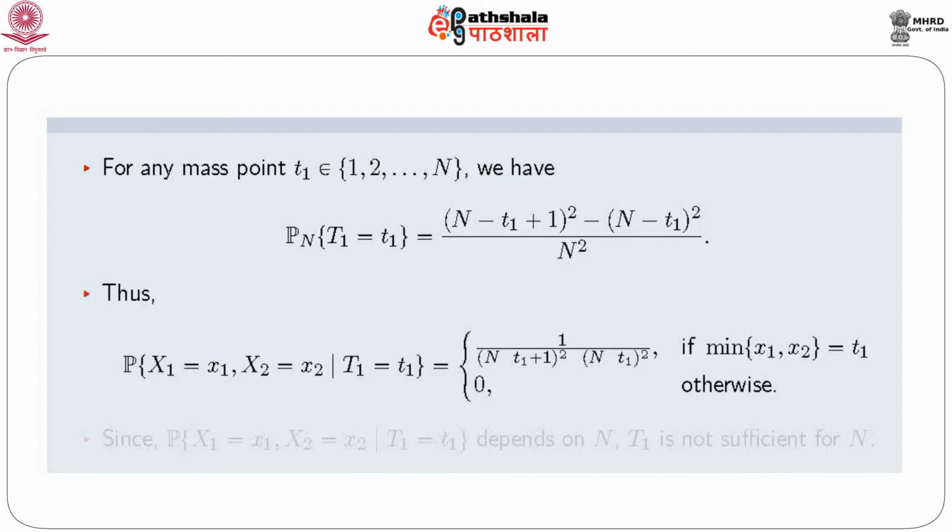And the conditional distribution of X1 and X2 given T1 equals t1 is given by probability X1 equals x1, X2 equals x2, divided by probability T1 equals t1, and this is equal to 1 by (n minus t1 plus 1) whole square minus (n minus t1) whole square if minimum of x1, x2 equals t1, and is equal to 0 otherwise. And we see that here the conditional distribution of X1, X2 given T1 equals t1 depends on n, and hence T1 is not sufficient for n.